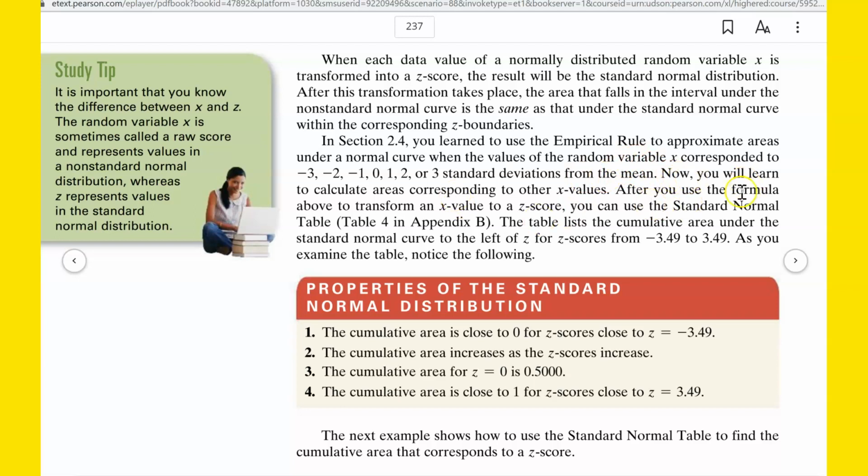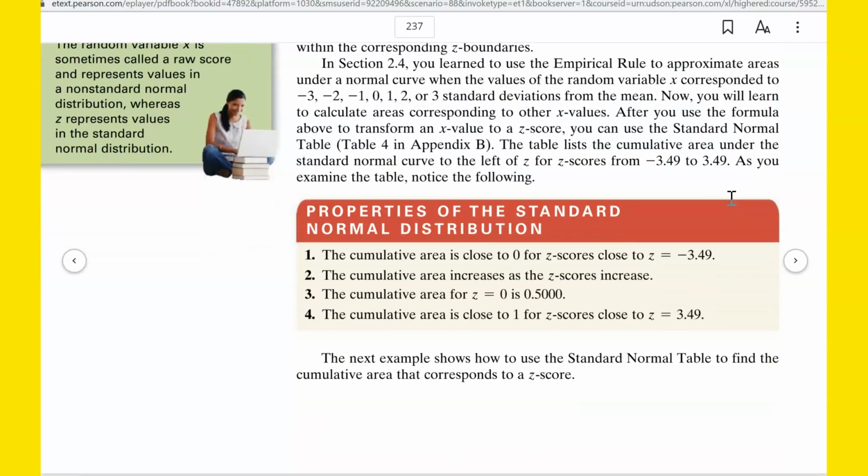The empirical rule is, 68% of the data will lie within 1 standard deviation of the mean. So it'll lie between, in this case, -1 and 1. Then 95% of the data lie between -2 and 2, and so on and so forth, just like the empirical rule told us before.